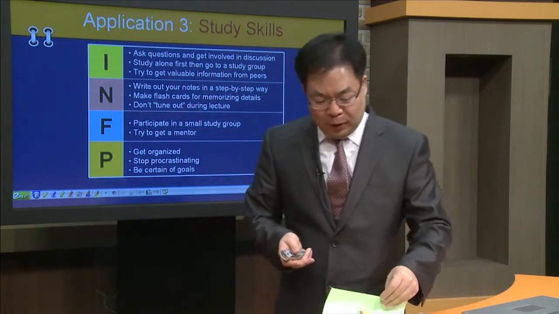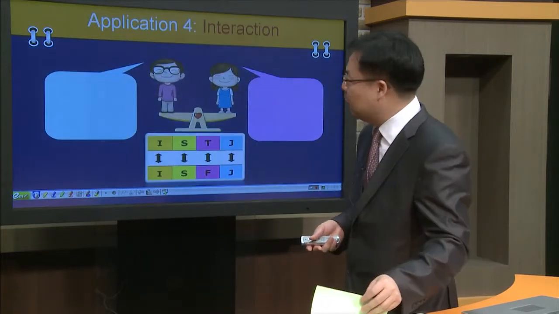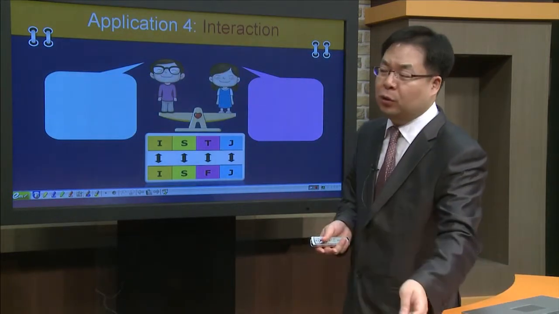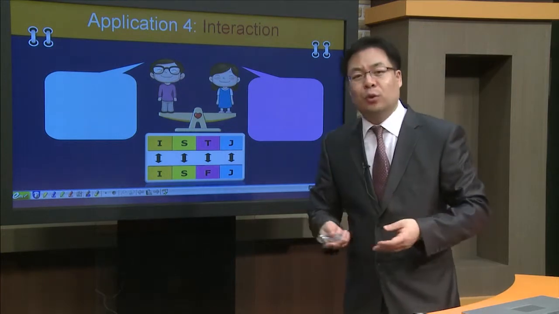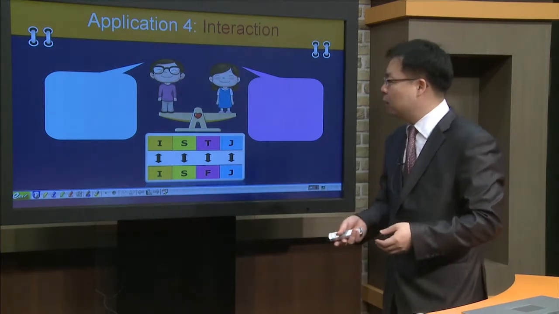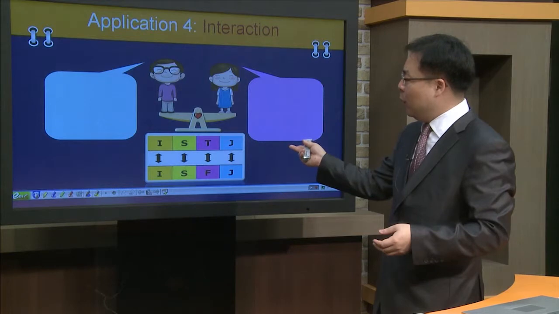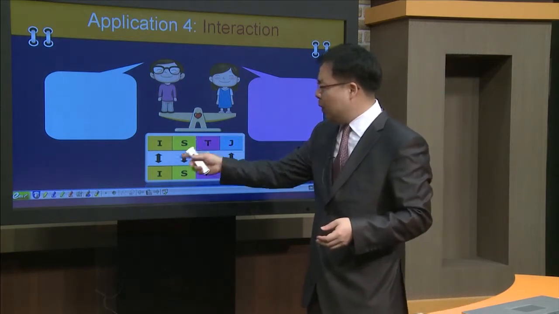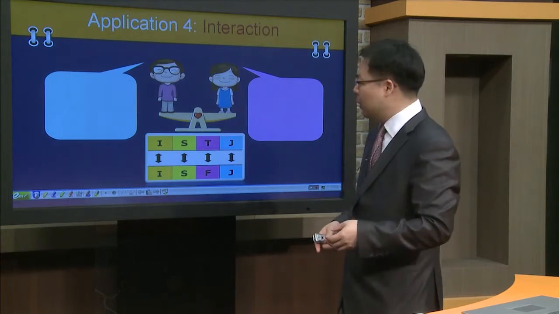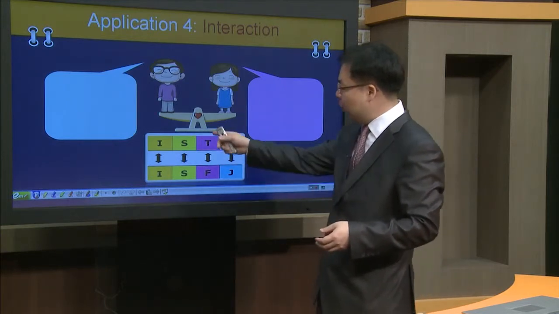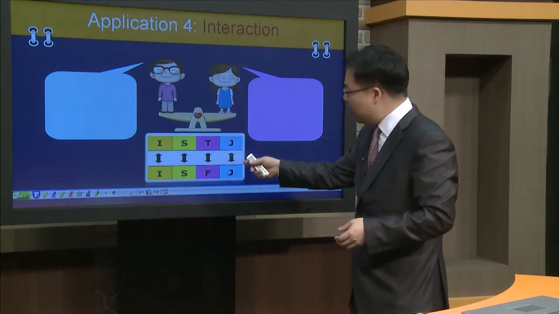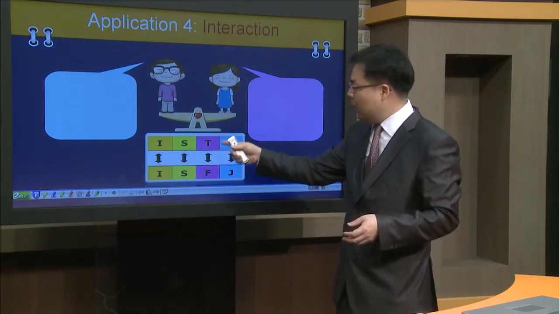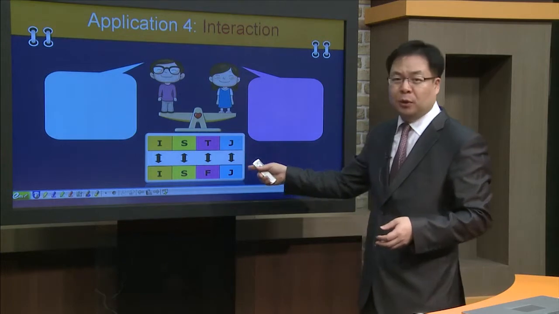The final application is interaction with your peers, your friends, and your parents. In this case, I put down only one difference, right? They have the same direction of energy. They also have the same perception, the same attitude and lifestyle. They are only different in their judgment.